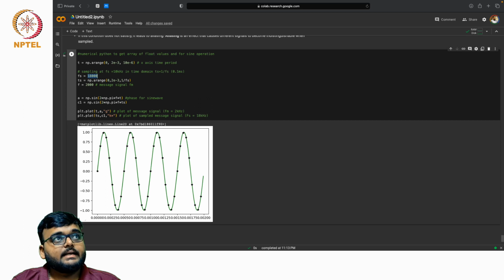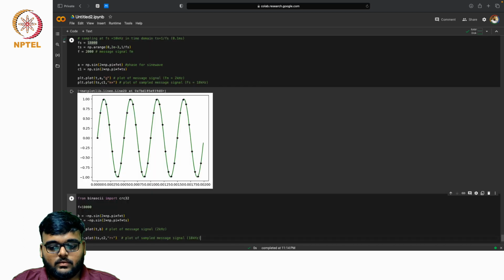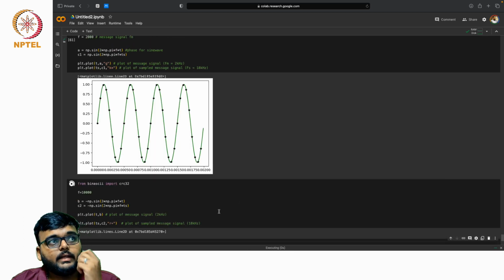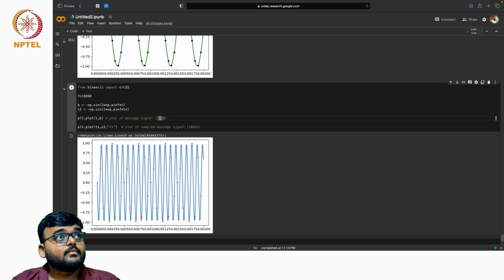So let's have another signal, which has a frequency of 10 kilohertz, but the sampling rate is the same as the previous one.